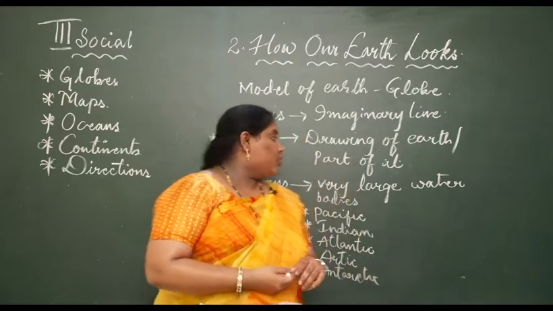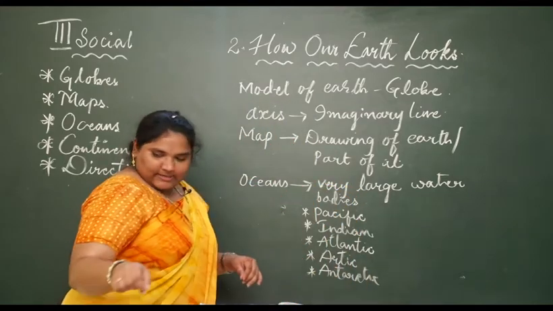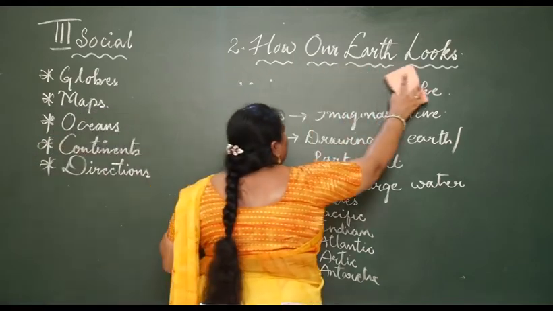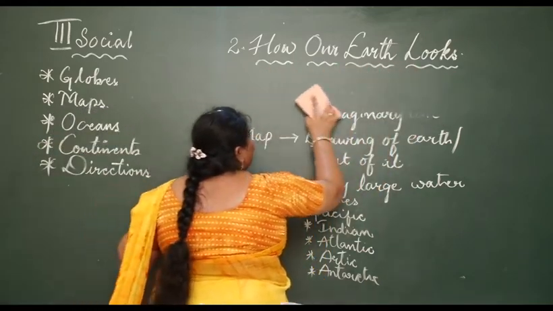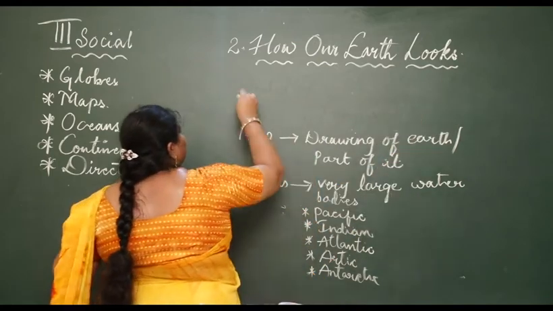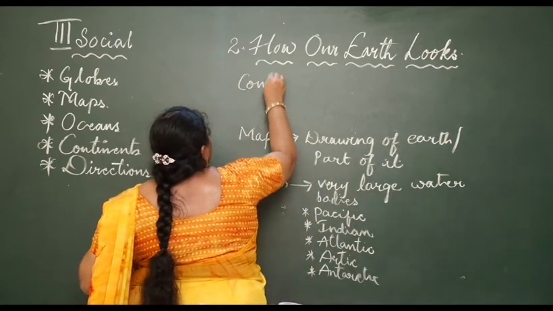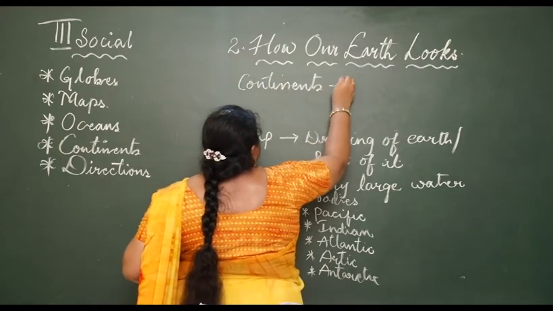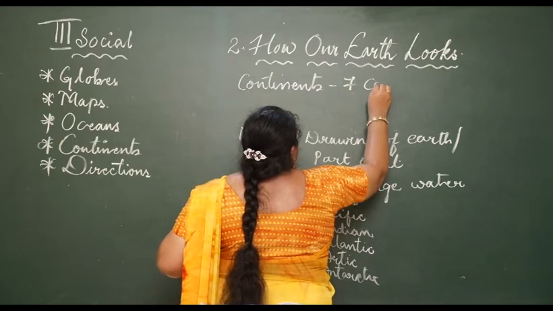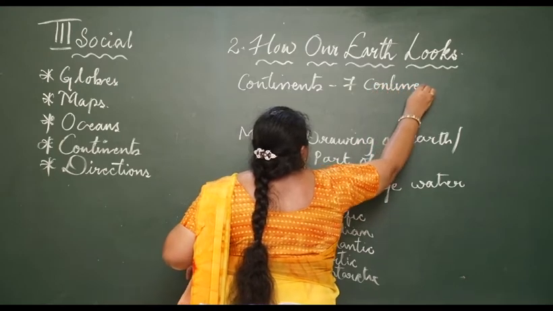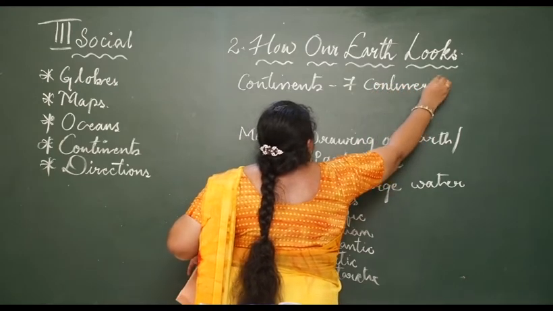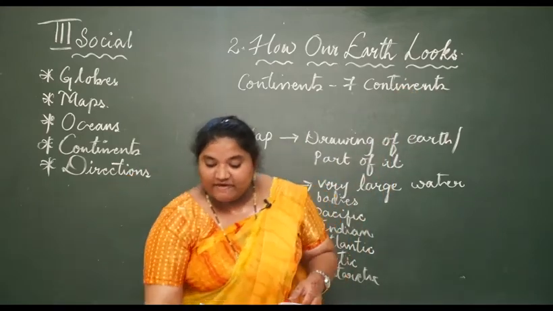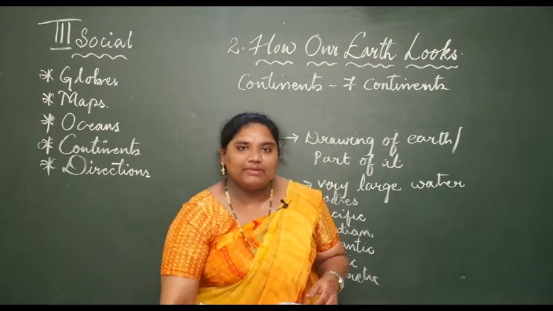Next we have continents. How many continents are there on the planet Earth, in the world? We have 7 continents. Continents are very large land masses.